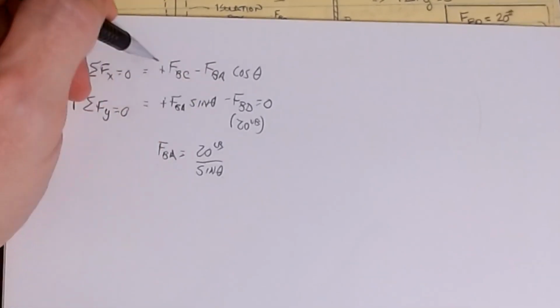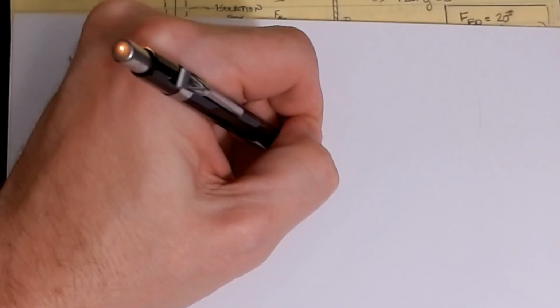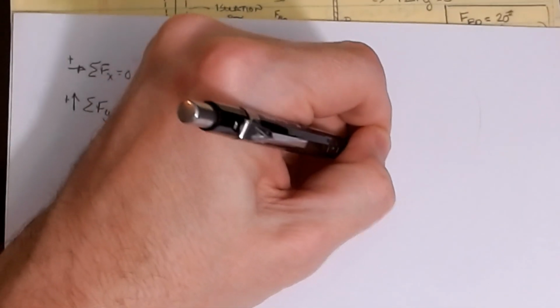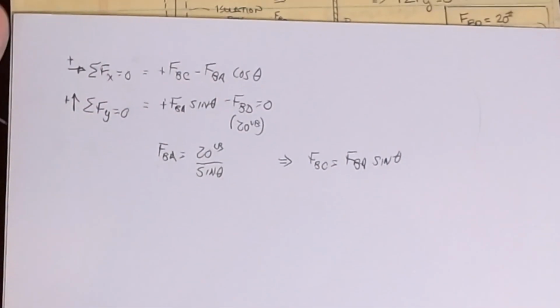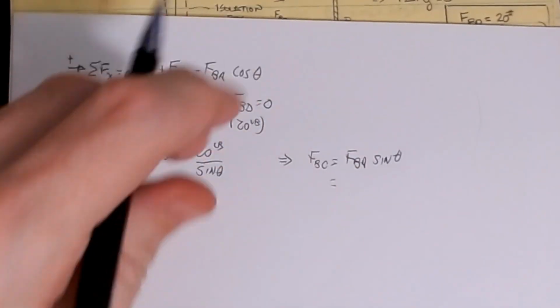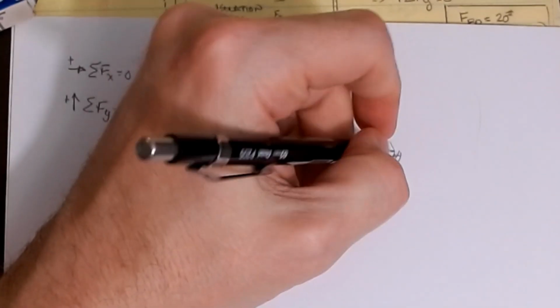And then with this, I can go back up here, and this is going to tell me that FBC is going to be equal to FBA times the cosine of theta. Oops, that was not the sine of theta. That is the cosine of theta, right there.